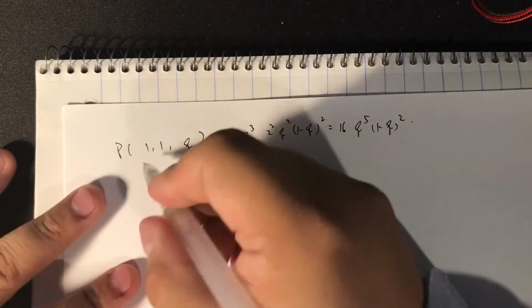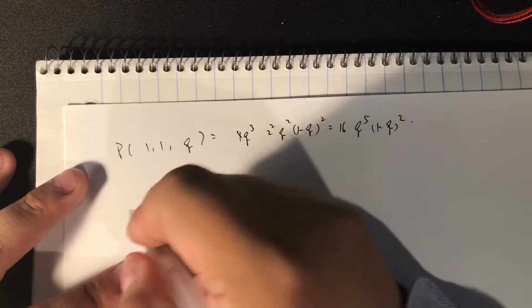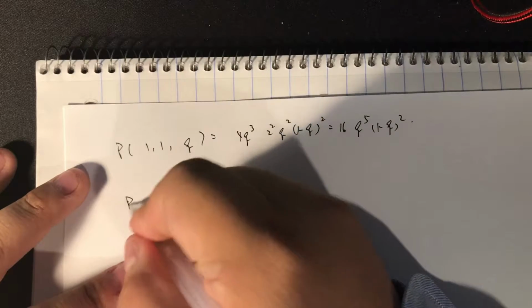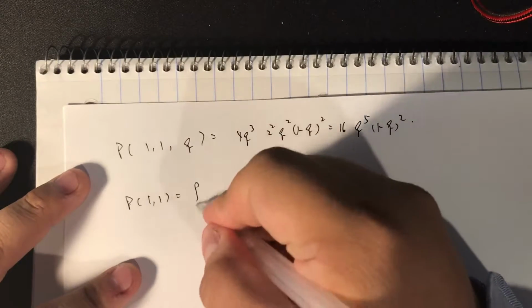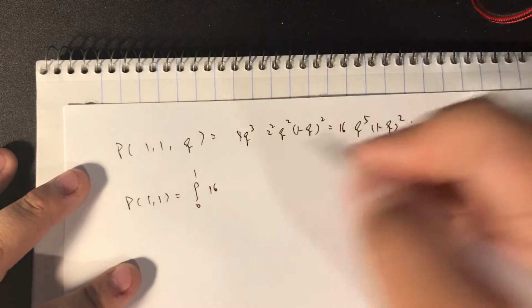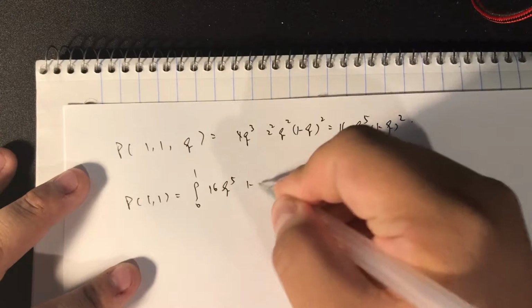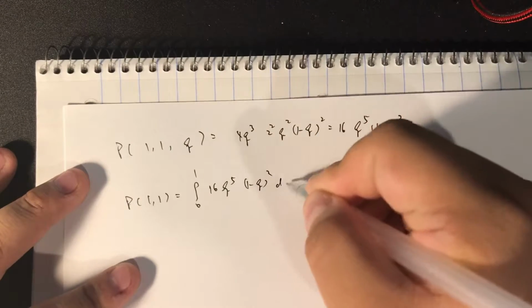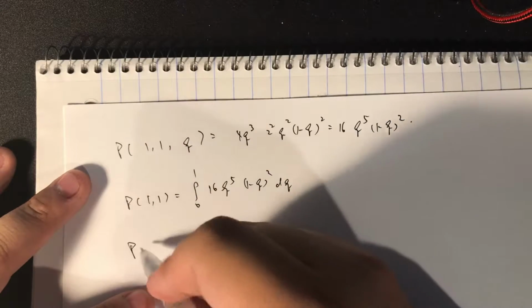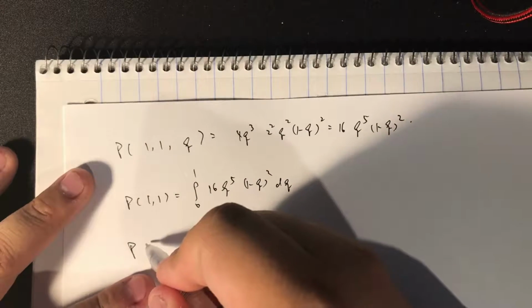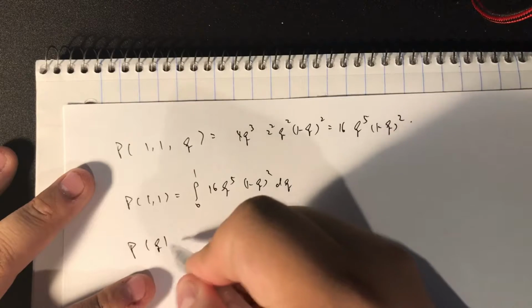And the probability of 1 we just get by integrating out Q. When we divide this by this, we get the conditional probability, the probability of Q given 1.